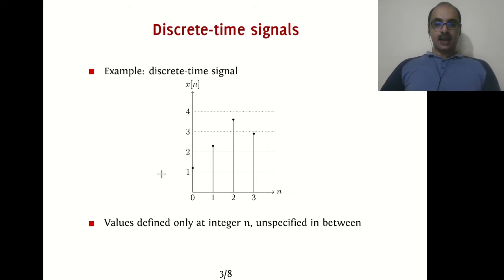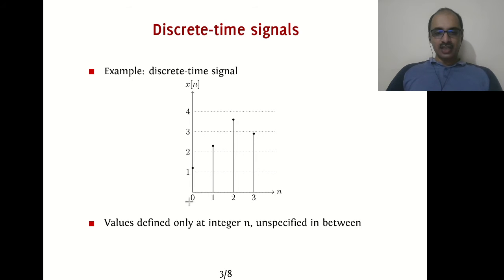If you look at this example, we use the stem notation or the lollipop notation to represent the signal. The discrete time signal for n equal to 0 is 1.2, for n equal to 1 is about 2.3, for n equal to 2 it's about 3.6, and for n equal to 3 it's just below 3.